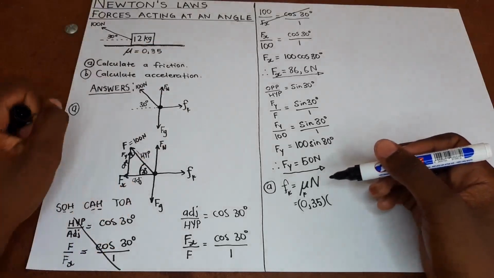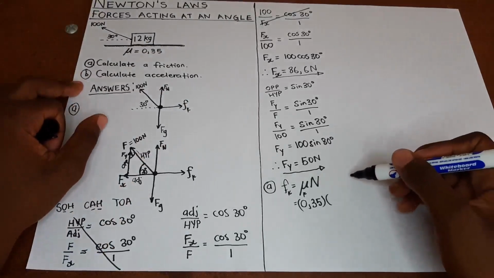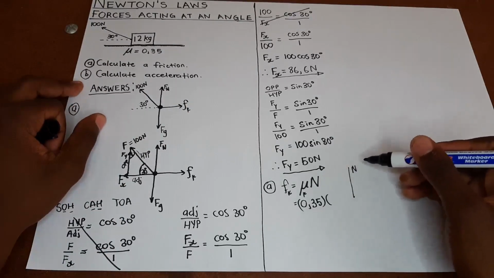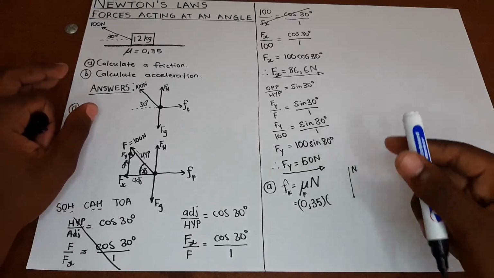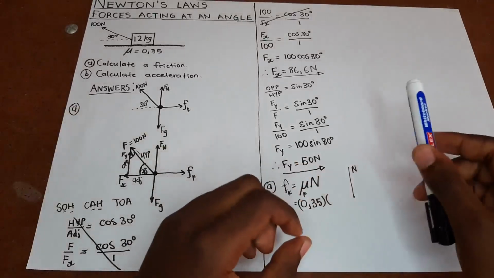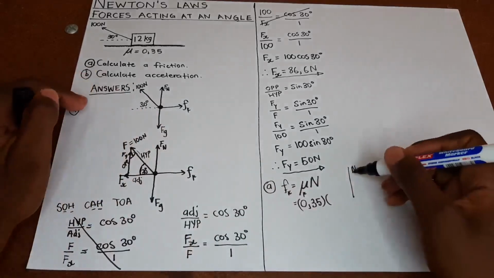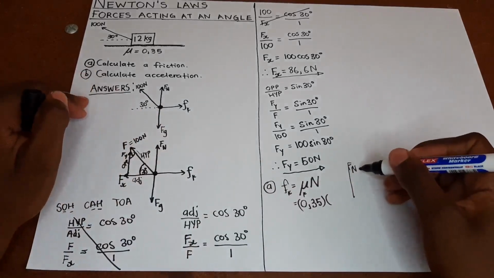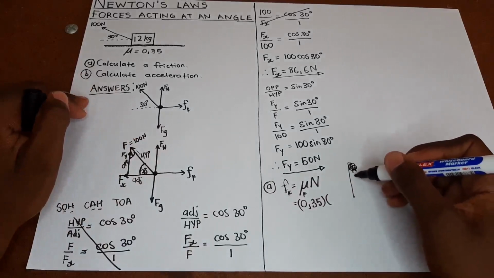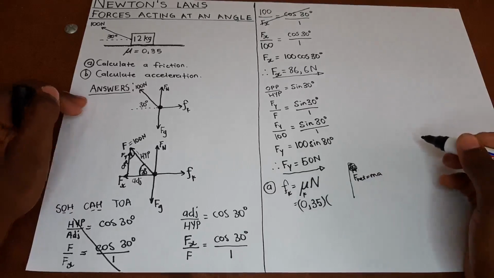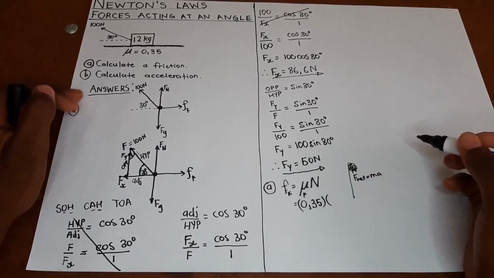Now let's go and calculate our normal force. You know that our normal force is part of the forces that are acting vertically. So let me say F net is equal to ma.